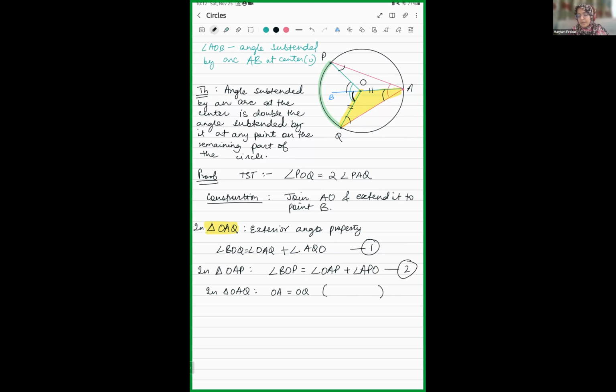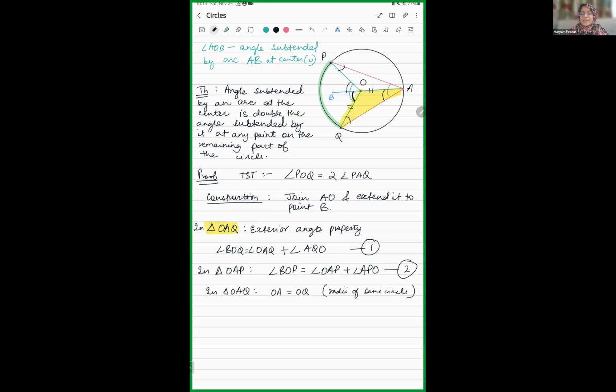Abdul Jabbar, please tell me, why are OA and OQ equal? Radius. Very good. So they are radii of the same circle. That's why they are equal.